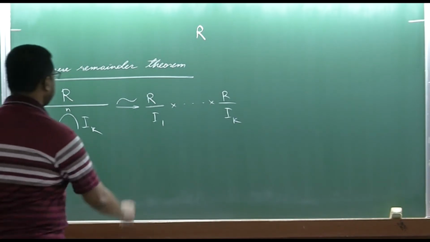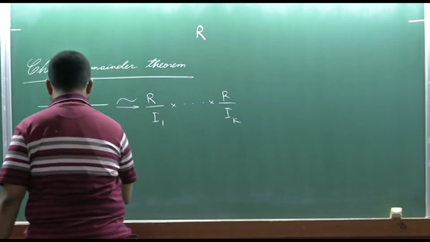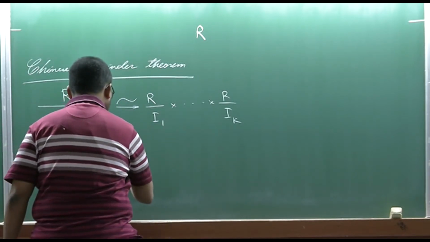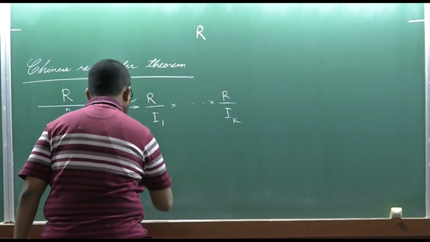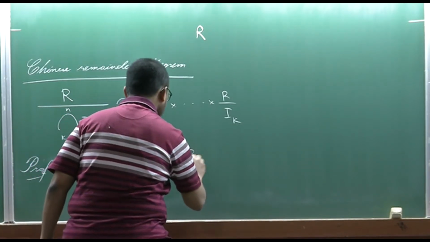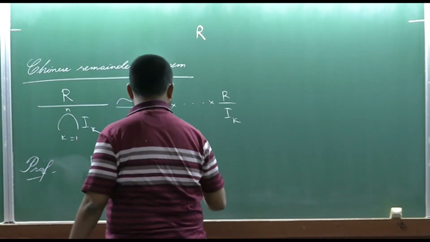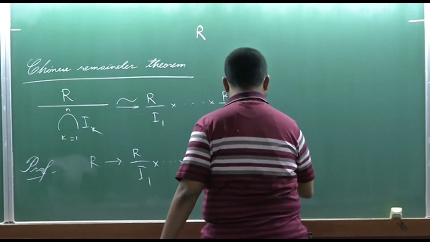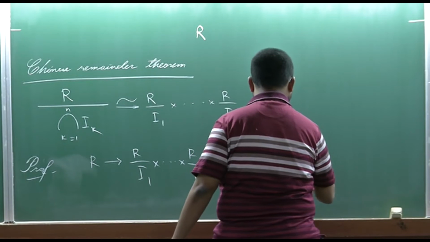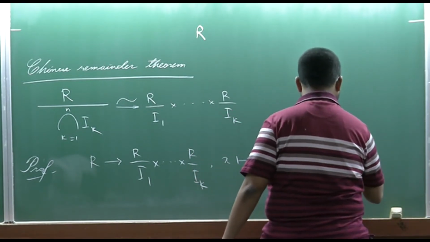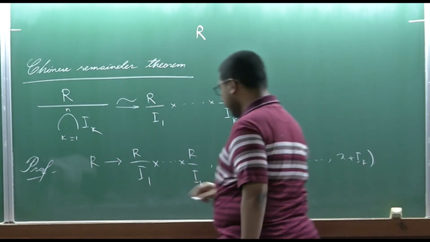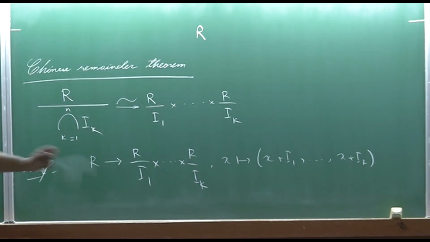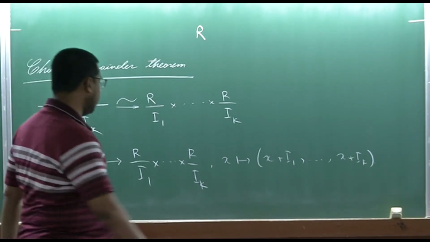So, from R to this product we have this very natural homomorphism, namely given by x goes to (x plus I1, ..., x plus Ik). It is easy to see that this is a homomorphism, and what is its kernel?